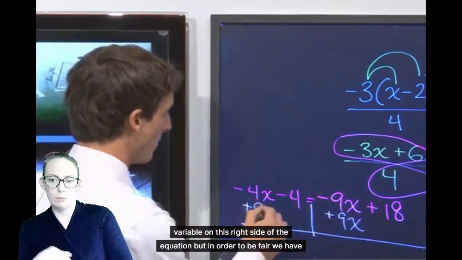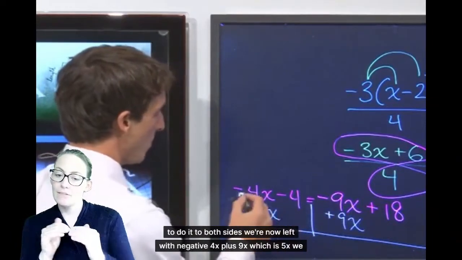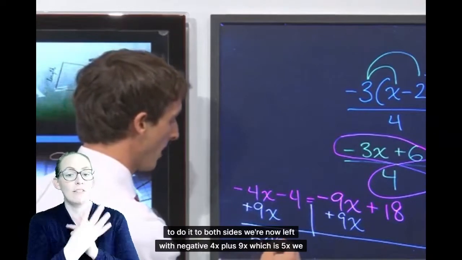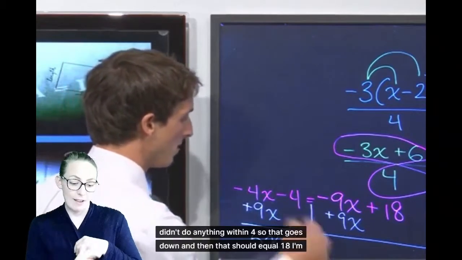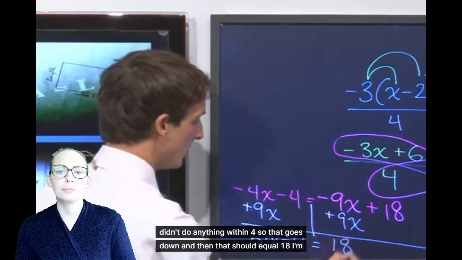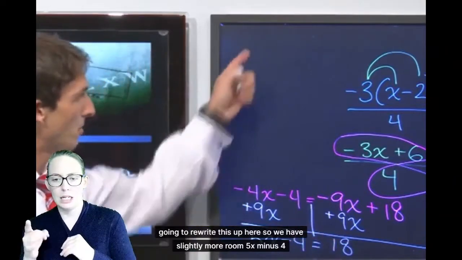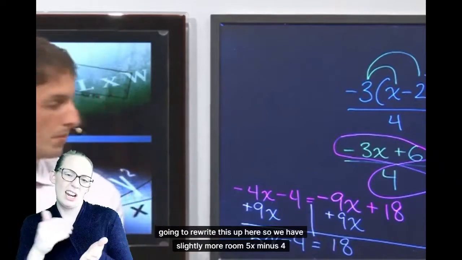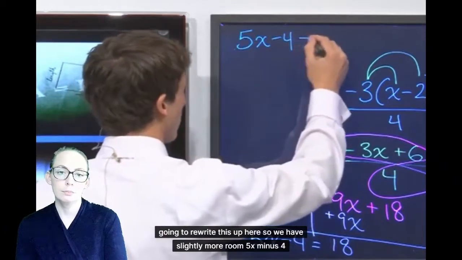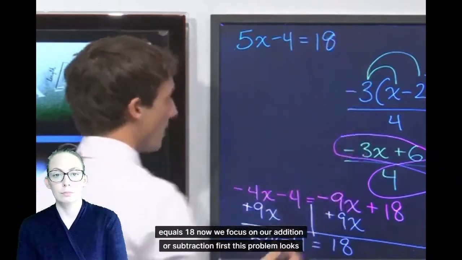But in order to be fair, we have to do it to both sides. We're now left with negative 4x plus 9x, which is 5x. We didn't do anything with the 4, so that goes down. And then that should equal 18. I'm going to rewrite this up here so we have slightly more room. 5x minus 4 equals 18.